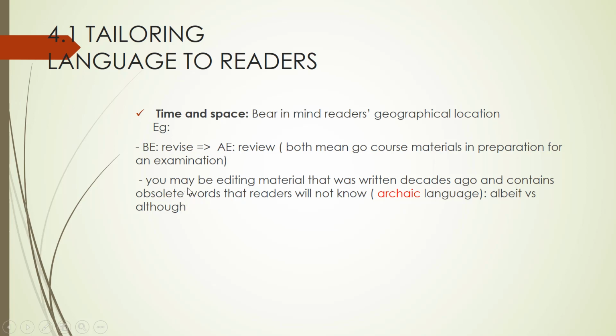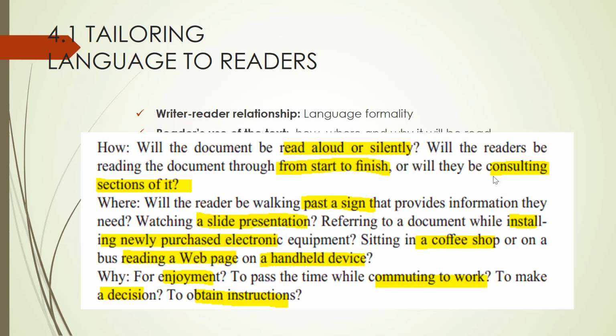Similarly, we may be editing material that was written many years ago, decades ago, or even more, and this contains a lot of obsolete words that the reader cannot know. They use a lot of archaic language like lo, therefore, herein. Then, depending on the future reader, you should customize the language use.